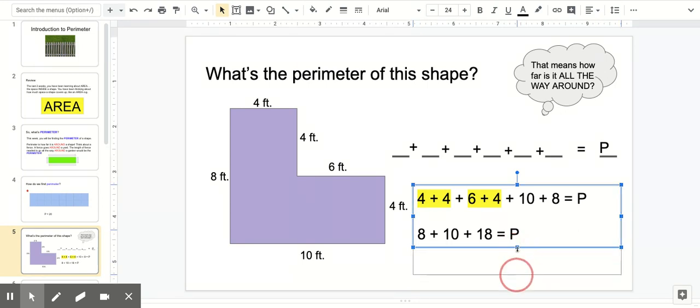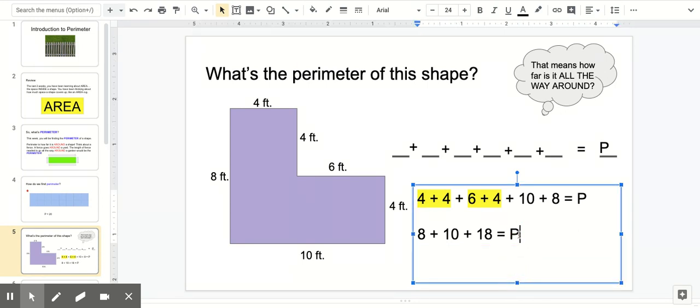All right. Here we go. Now, you might be able to do all this in your head, and that's just fine. I'm just showing how I would think about adding up so many pieces at one time. So I can see I've got 8 plus 10, which is 18, and I'm adding it to another 18. So 10 and 10 is 20.